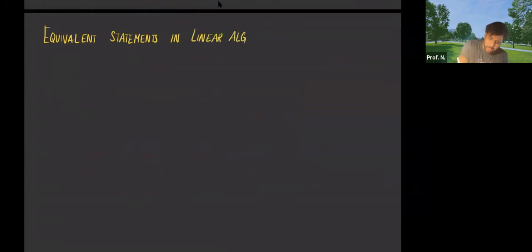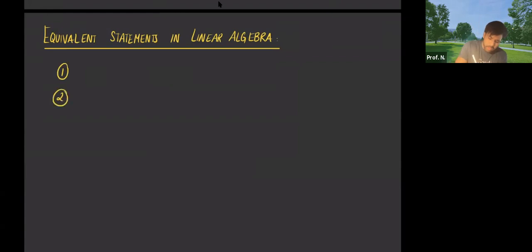And now I think it's time to come back to this idea of equivalent statements in linear algebra. We touched upon this also a little bit here and there, but now I believe we have a lot more to include.